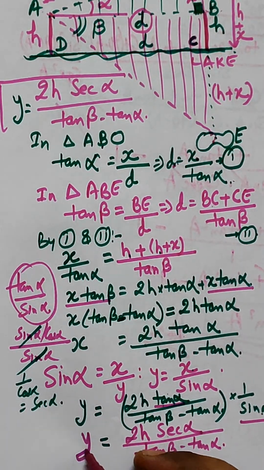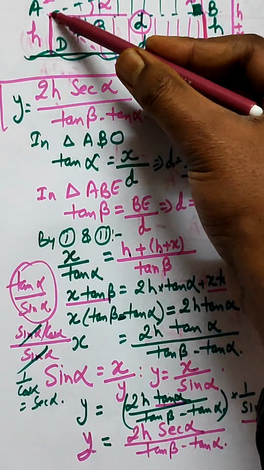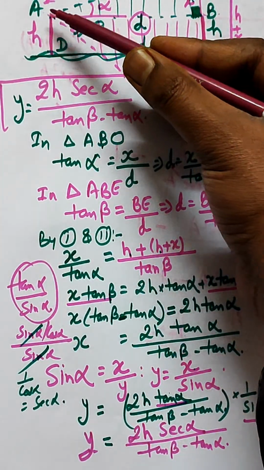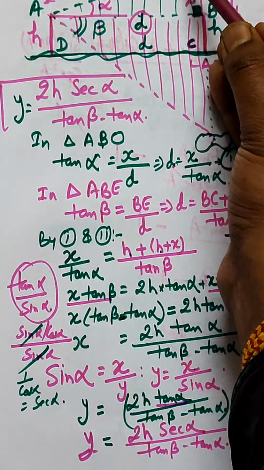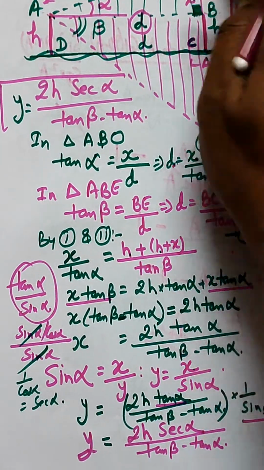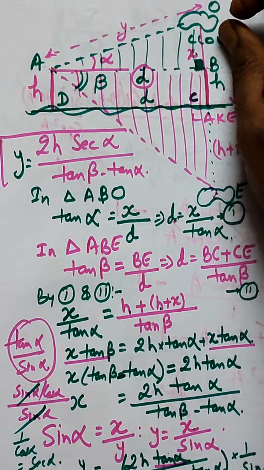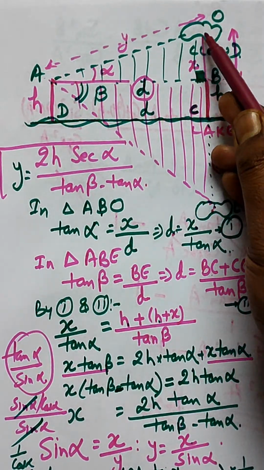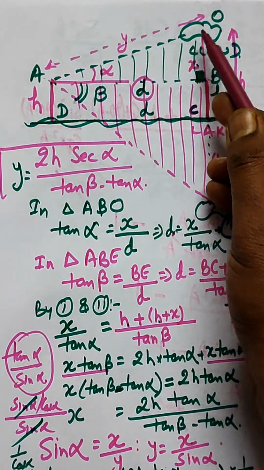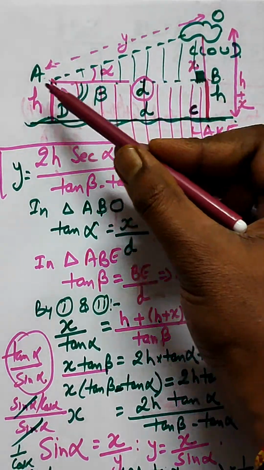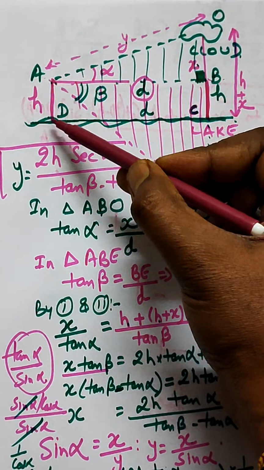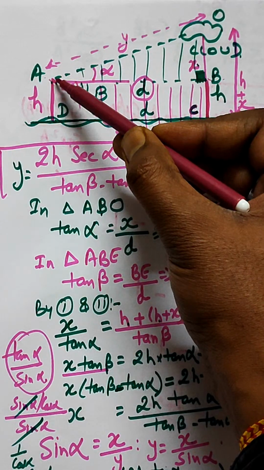What is y? Y is the distance of this cloud, right? From the point of observation which is h meter above the lake, right?